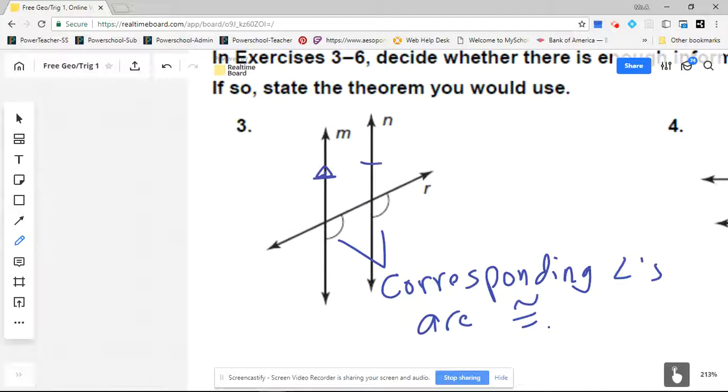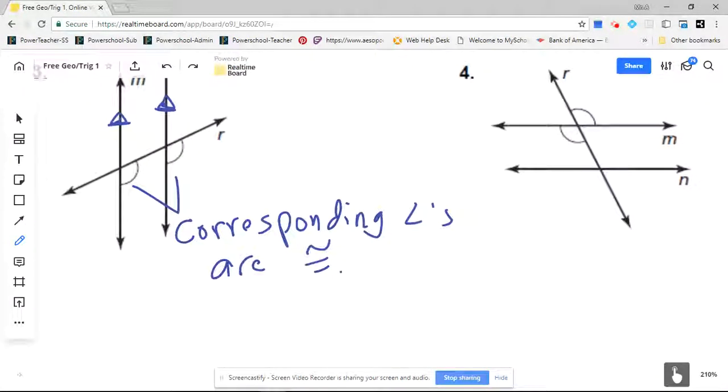So you could then put parallel line arrows on there. And that would be a definite yes.